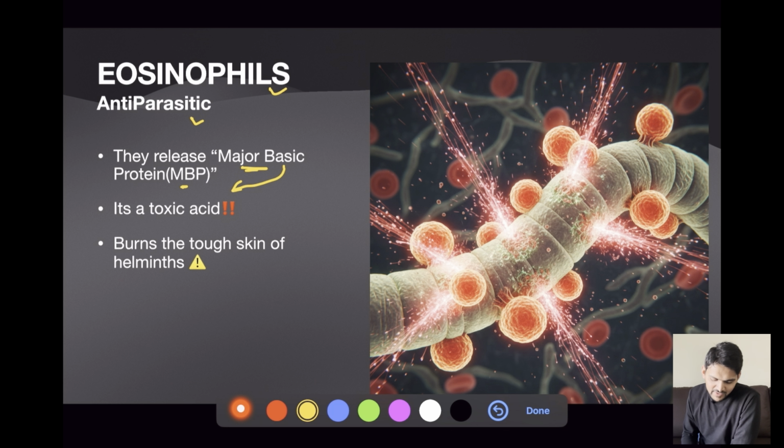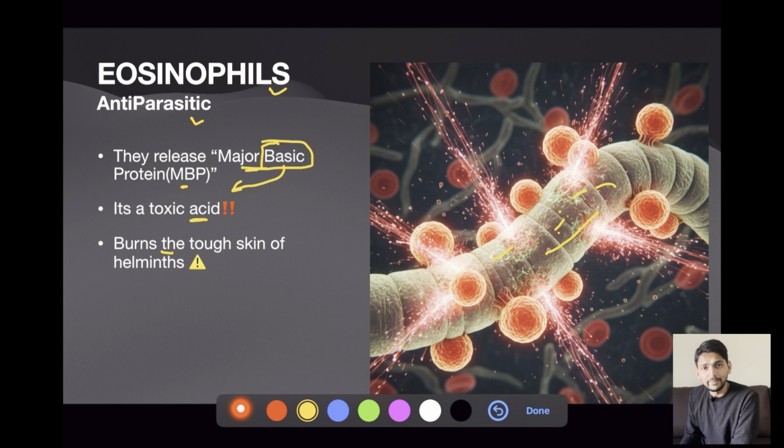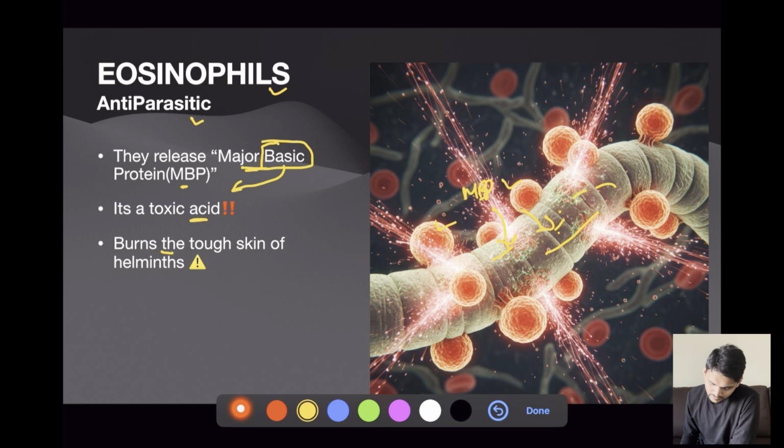Though there is basic in the name, this compound is a toxic acid. This acid can burn the tough skin of helminths. You can see the helminths here. Their skin will be tougher. So these eosinophils will release MBP and they will burn out the skin of the helminth and kill it. This is how they will fight. So their job is very clear.